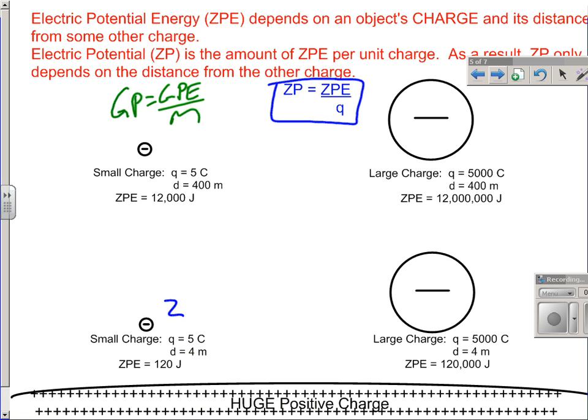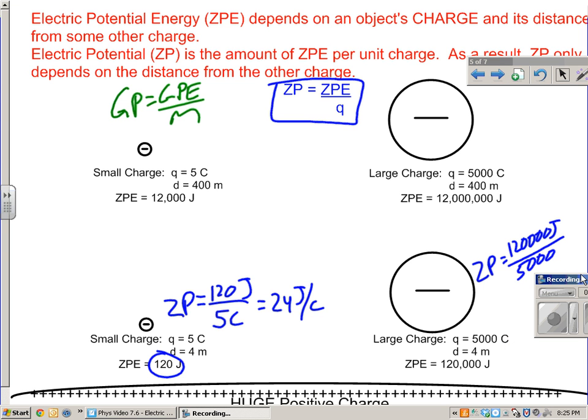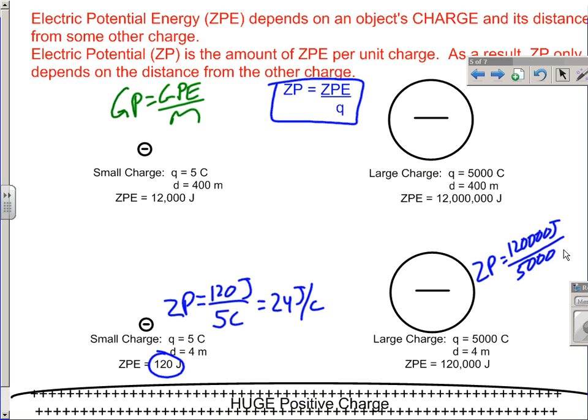So if I find the electric potential here, it's going to be 120 joules, which is the amount of energy it has, divided by the charge, which is 5 coulombs. It gives you 24 joules per coulomb. Over here, if you do the same thing, you're going to have 120,000 joules of energy divided among 5,000 coulombs. So you've got more energy, but also more coulombs. You've got 24 joules per coulomb again.